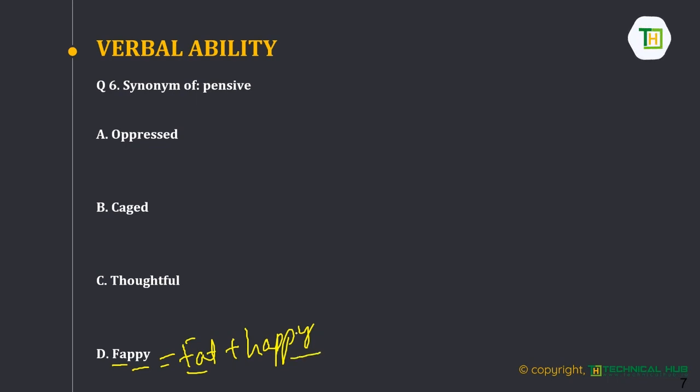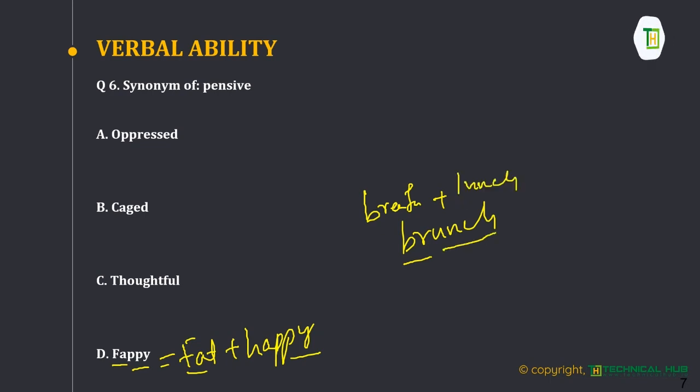The same thing happens with some other words also. I'll just tell you. Brunch, BRUNCH, brunch. So BR is taken from breakfast, and UNCH is taken from lunch. So this is how they formed it. Okay, don't forget this. And there is another latest usage, Virushka.